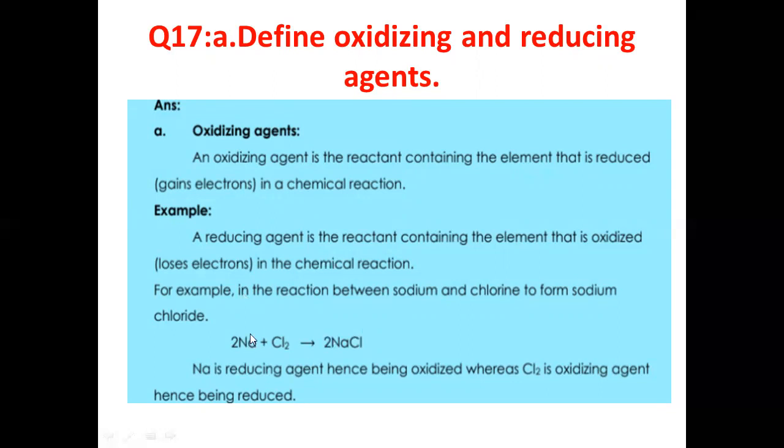So sodium undergoes oxidation by losing electron, and chlorine from 0 is converted into minus 1. So chlorine undergoes reduction. So sodium, as it oxidized by losing electron, will act as a reducing agent, and chlorine, as it reduced, undergoes reduction by gaining electron, will act as an oxidizing agent.